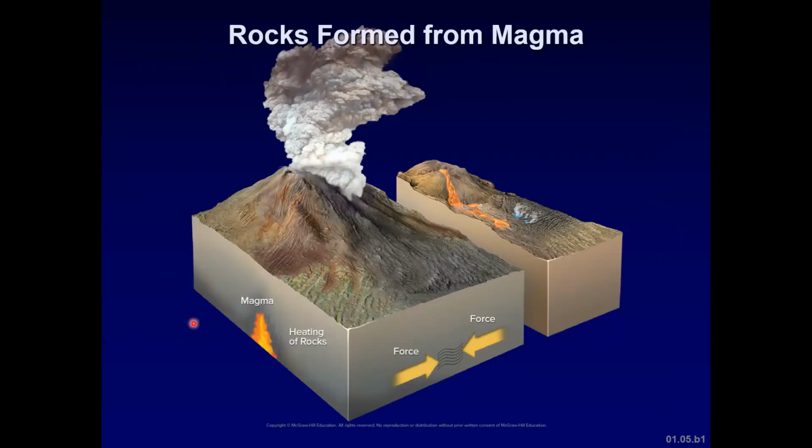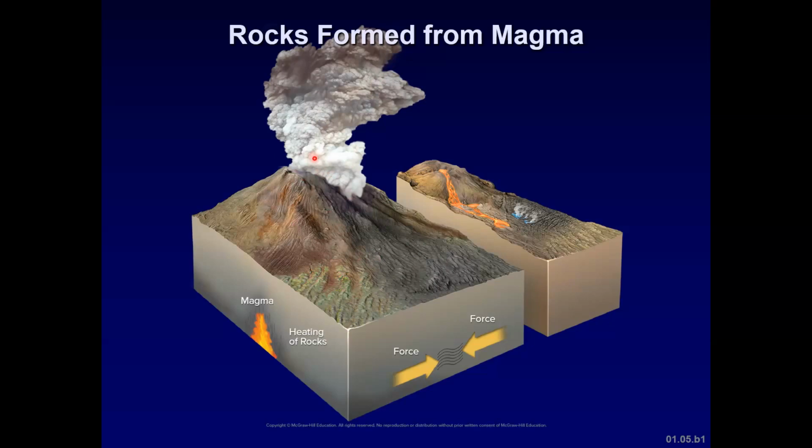And now we're looking at rocks formed from magma. So volcanoes can erupt, of course, and ash comes out. It falls back to earth and it solidifies into rock. So volcanic ash forms rocks.